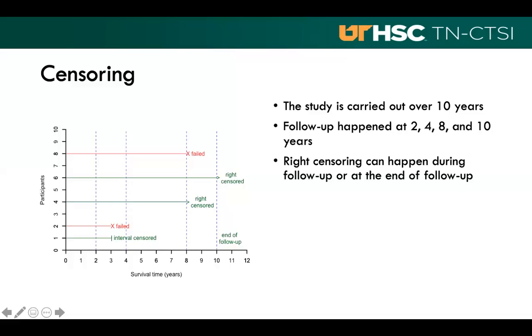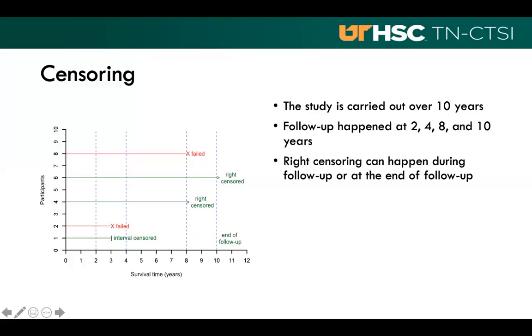The participant was alive at the end of follow-up, at time point 10 when the last follow-up was conducted. And for the eighth participant, the participant developed the condition at time point 8 when the third follow-up was conducted. So the study is carried over 10 years, and follow-up happened at 2, 4, 8, and 10 years. Right censoring can happen during follow-up or at the end of follow-up, while interval censoring happens in between 2 follow-up times.